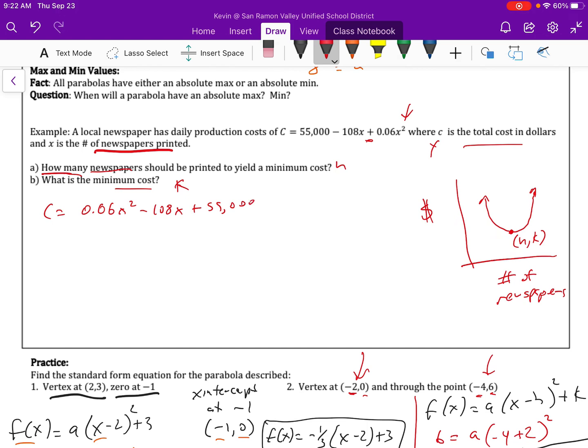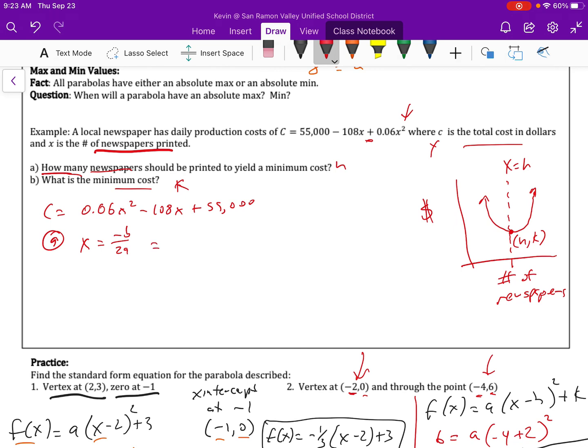So first line of business is to find that H, and we do that using our formula x equals negative b over 2a. This is the equation to find our axis of symmetry, and our axis of symmetry is x equals h. So that'll give us our h value.